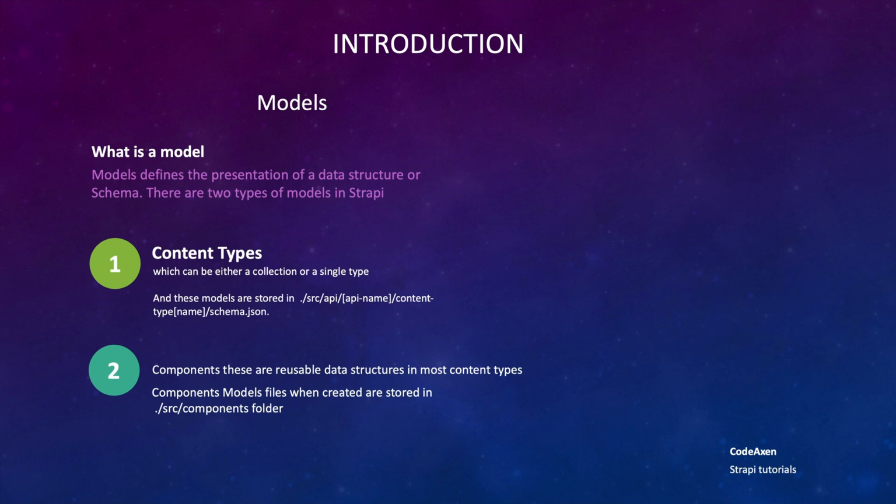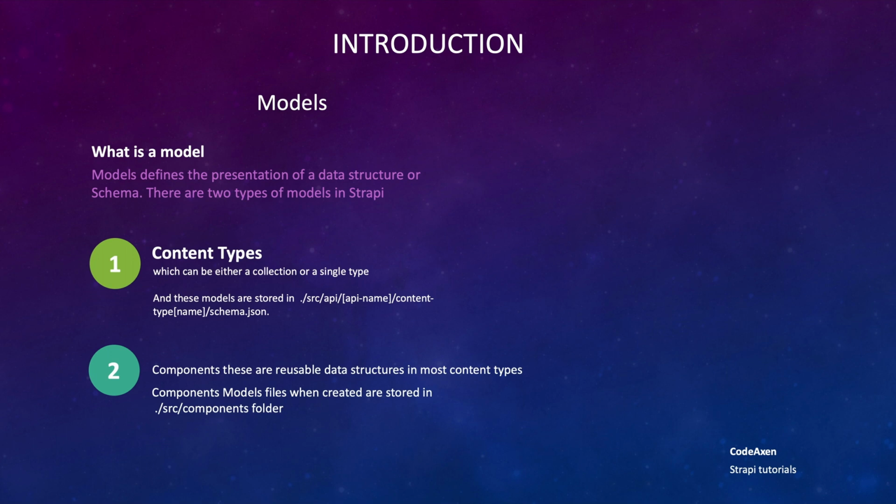Also, we have to know that these models, when created, are stored differently. For instance, content types, when created, have the following model files. One is schema.json. This file is for the model schema definition, and it is automatically generated on creation of a content type.